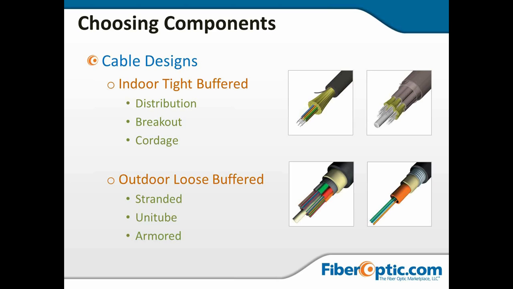Now armor on the outside. That lower right picture, you can also see the armor just under the jacket. That is an option with loose tube buffered as well, stranded. This is necessary only when you have rodent chew issues or direct bury, where you're going to be concerned about crushing forces. If you do not have those two issues, you really don't need the extra weight, expense, or frankly opportunity for bloodletting that accompanies working with armored cable.